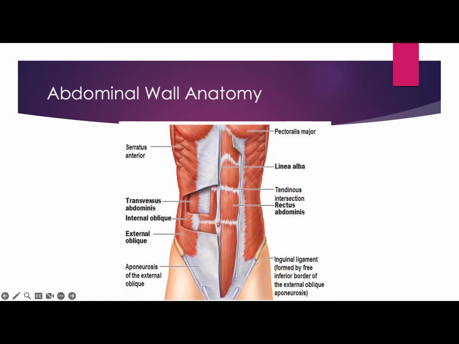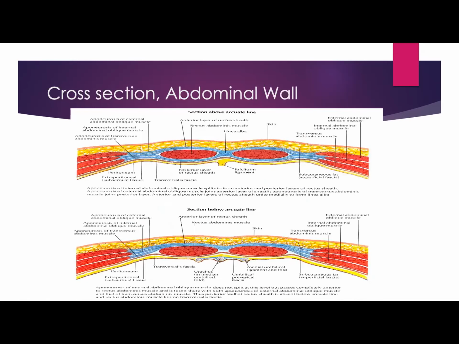So we will talk about these later on. There is also an important differentiation: at the level of the umbilicus, we have the arcuate line, and the anatomy above and below that line is slightly different, as you can see in the aponeurosis of the muscles.